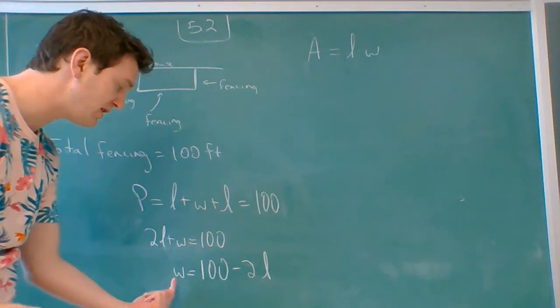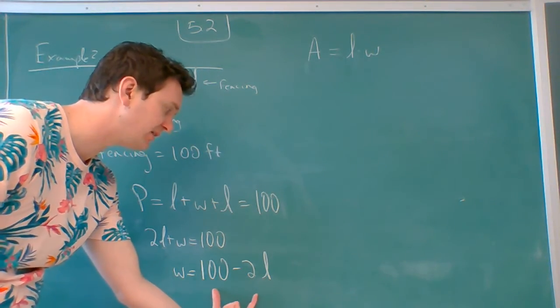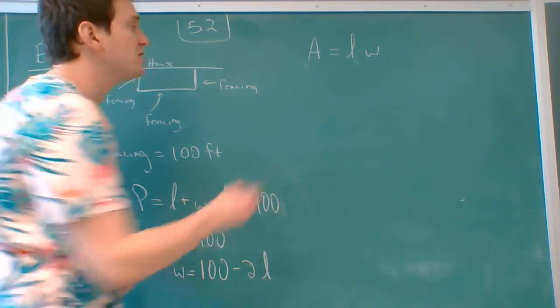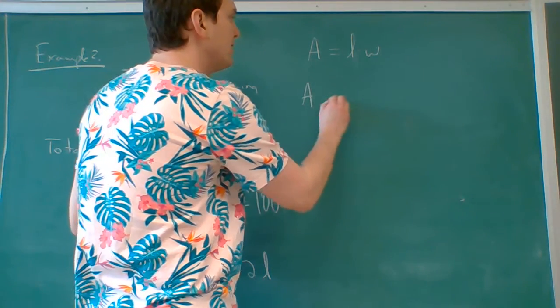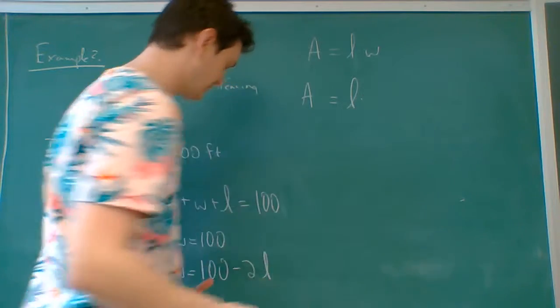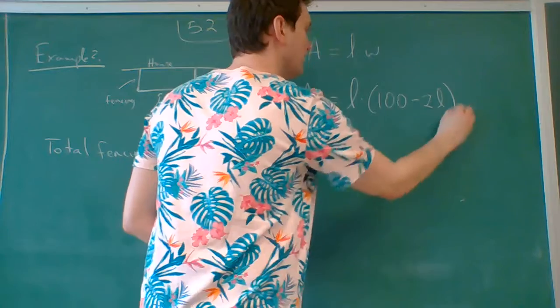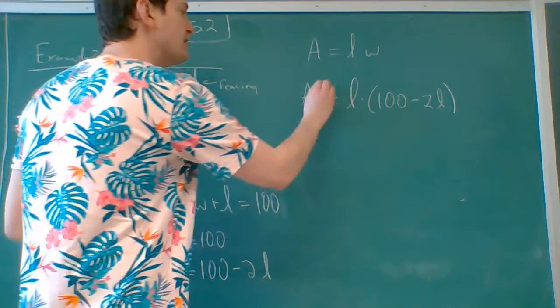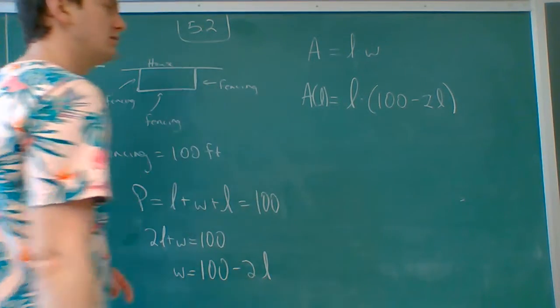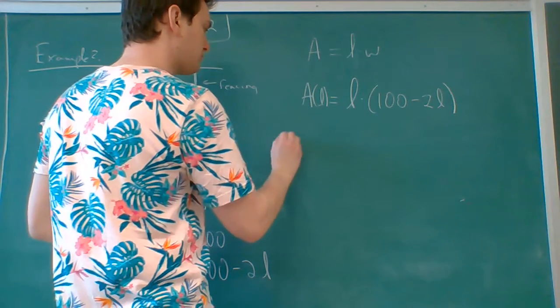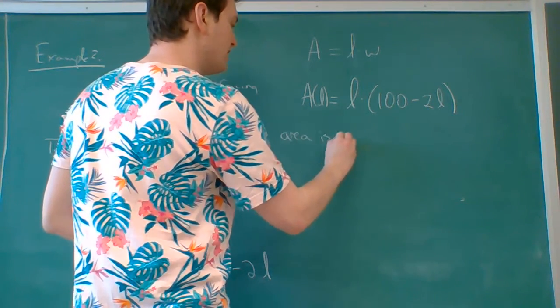But don't we have W written in terms of L here? W can be replaced with a function of L. So now I can say area is L times 100 minus 2L. So now area is a function of L.